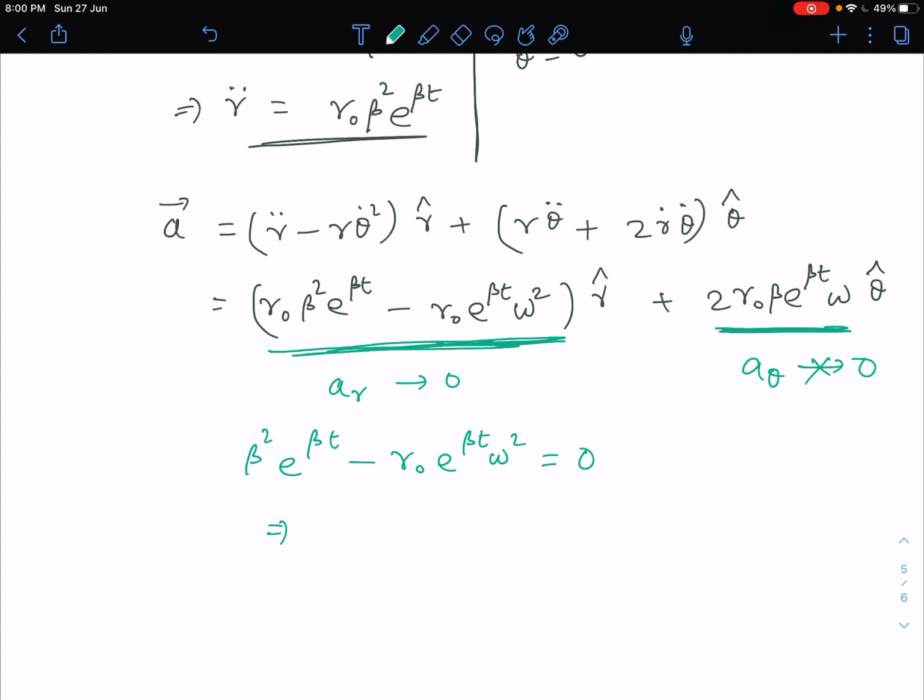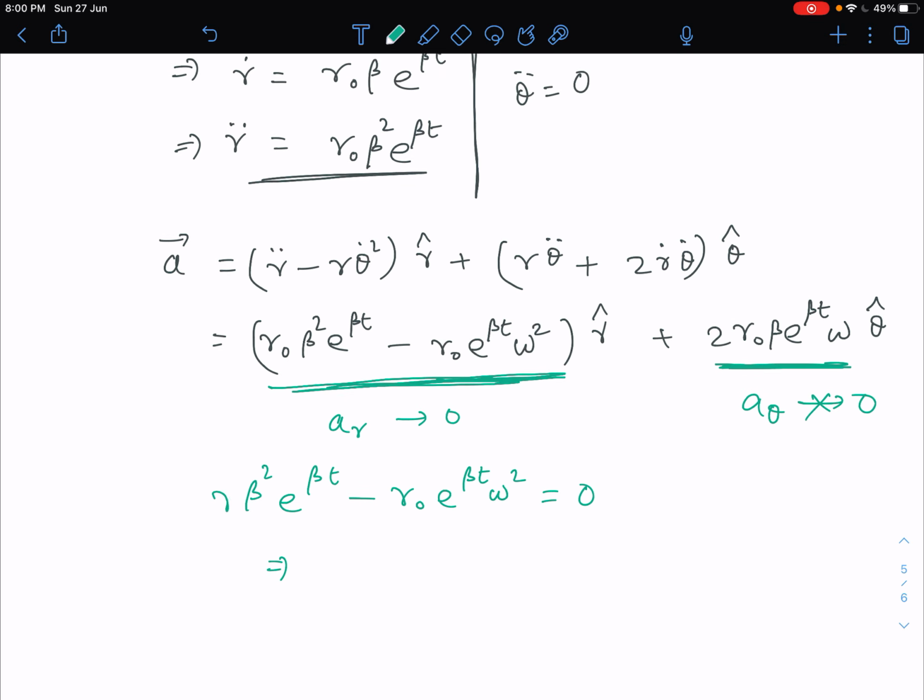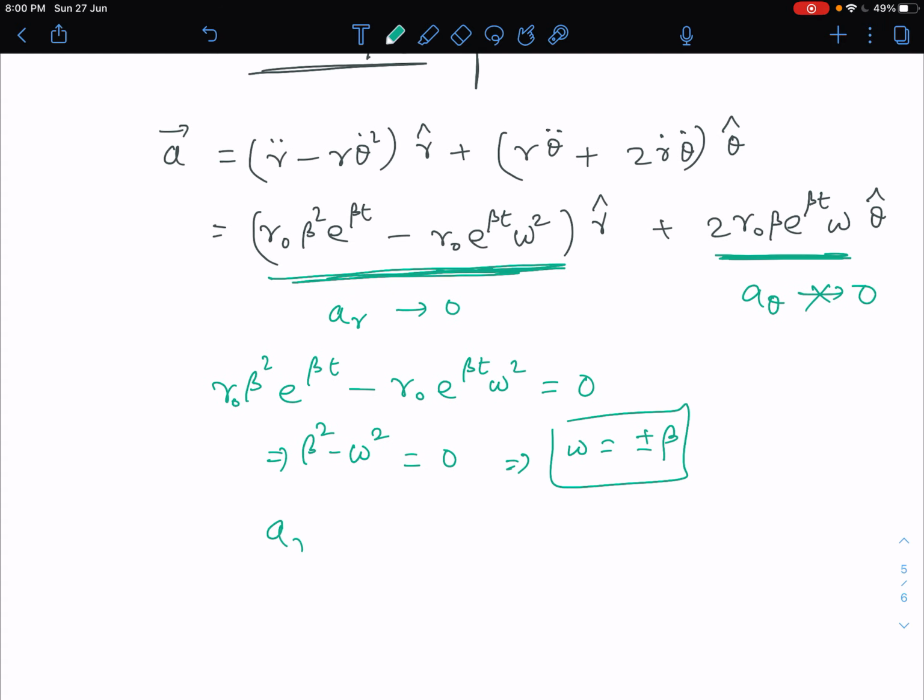So this is the case. So just omega and beta: beta square minus omega square is 0. That means omega is plus or minus beta. So in the case of omega equal to plus or minus beta, the ar part will go to 0. So it is very surprising at first that when r is an exponential function of time, the particle moves with zero radial acceleration, right?